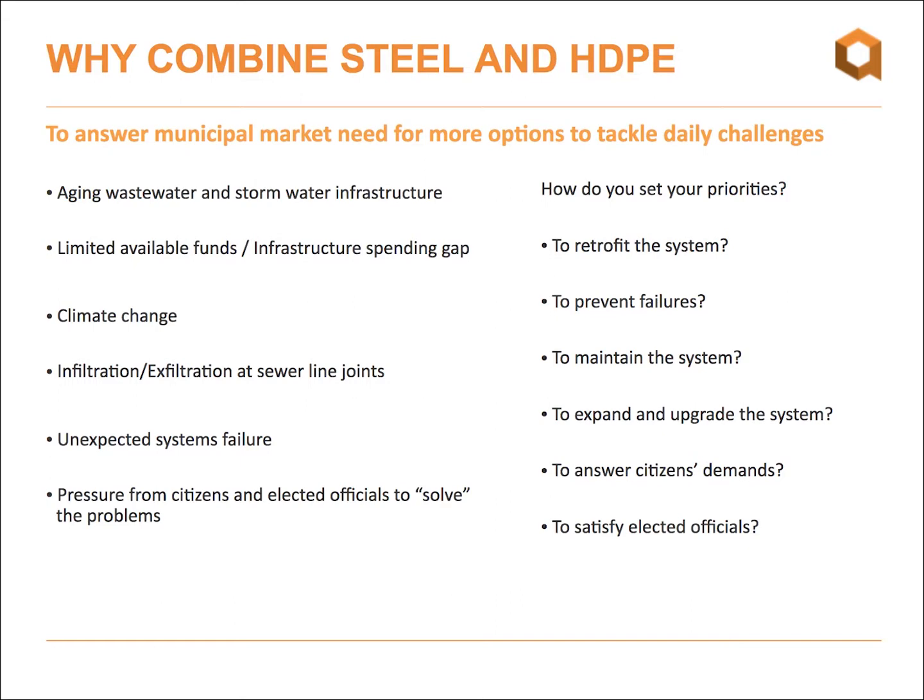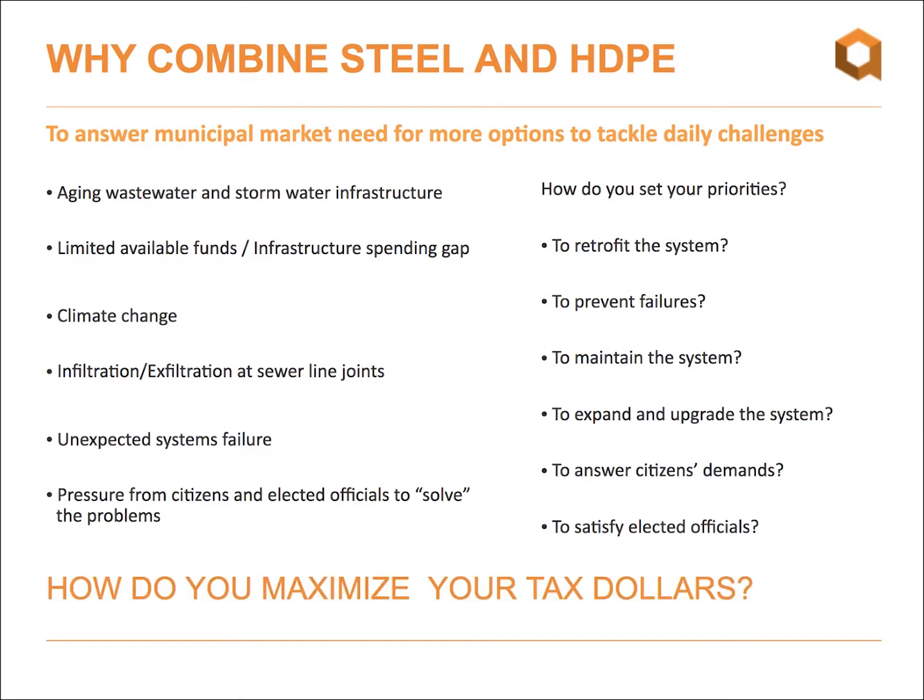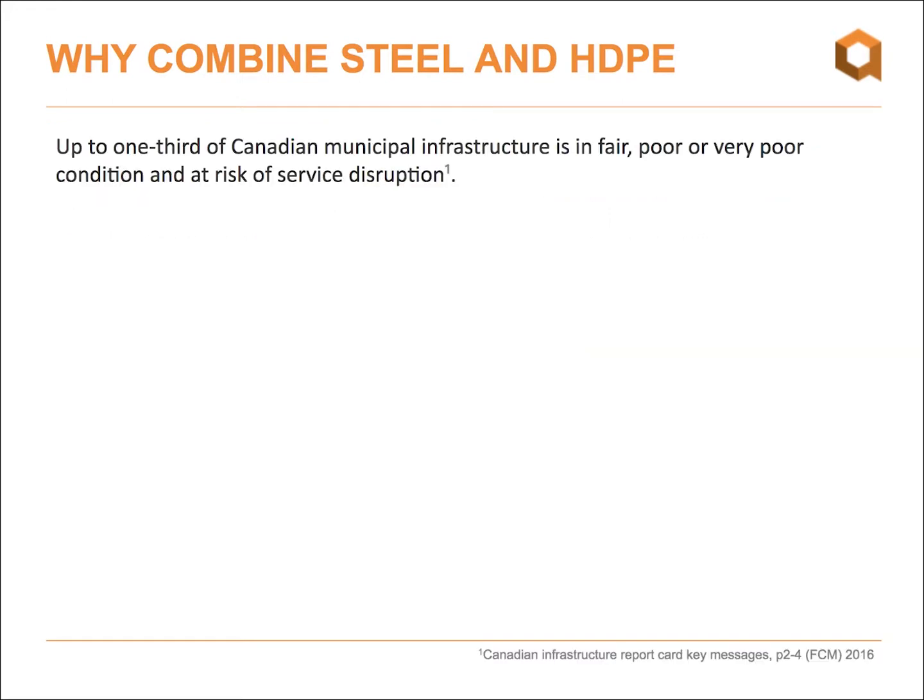Because one thing that needs to be kept in mind at all times, every dime that is spent comes from either rates or from taxpayers' dollars. So how do you maximize your tax dollars? That's another very important issue. We've looked at what the Federation of Canadian Municipalities has done recently, working with their members.